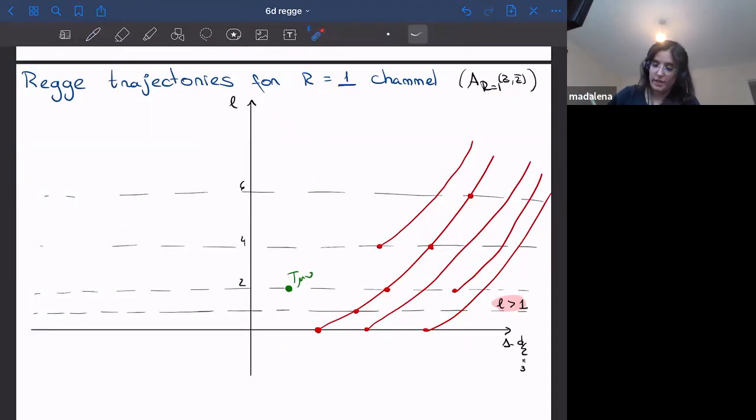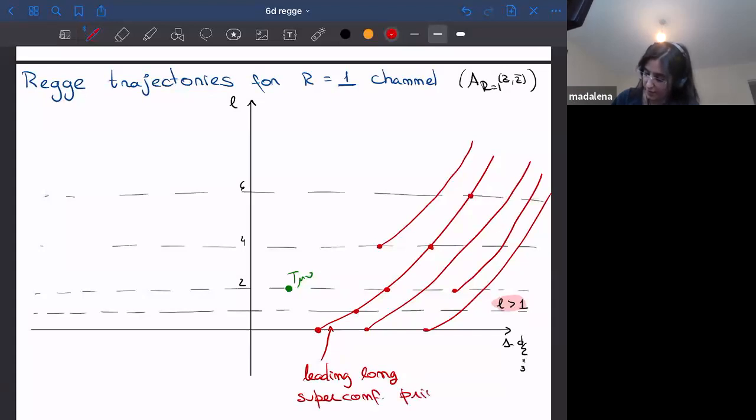And I'm drawing here again the long trajectories. So this is the leading long, and this is each long. Supersymmetry relates different conformal families. This is the leading long superconformal primary trajectory.